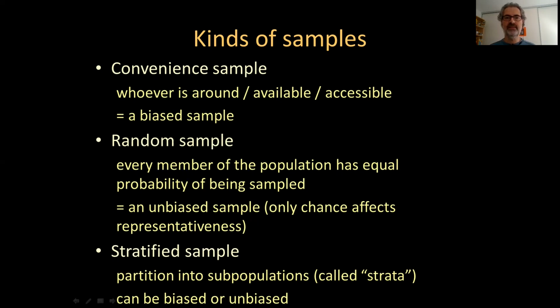A stratified sample is when you first split your population into parts that are relevant for your measure in some way, and then sample from each of the parts. These parts, these subpopulations, are called strata, and the reason this is done is because in some instances, sampling can be made more efficient.